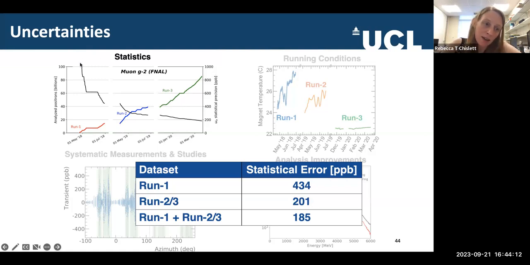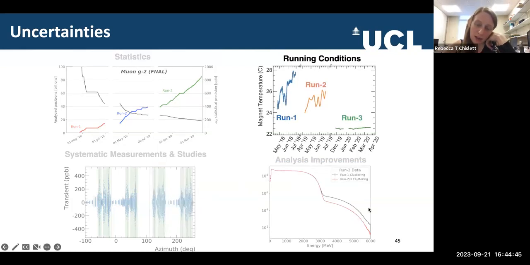In black, it's showing the statistical precision that you obtain based on that amount of data. The table summarizes the statistical error. In run 1, it was about 430 parts per billion. In run 2, this is reduced by more than half to about 200 parts per billion. And if you combine them, you get 185.